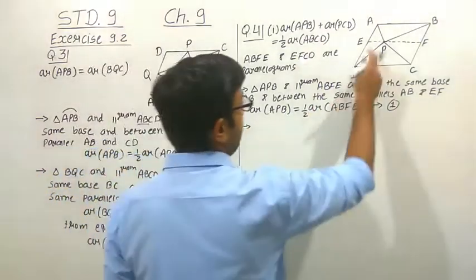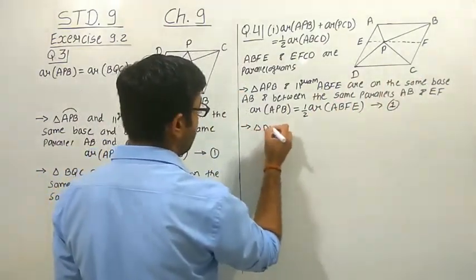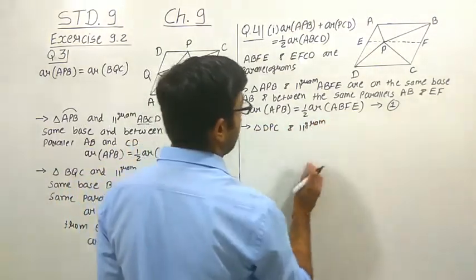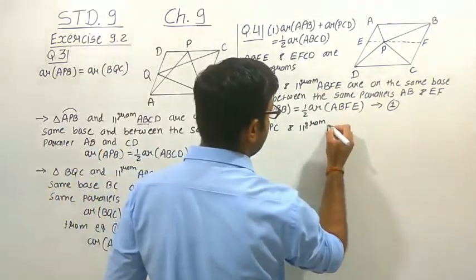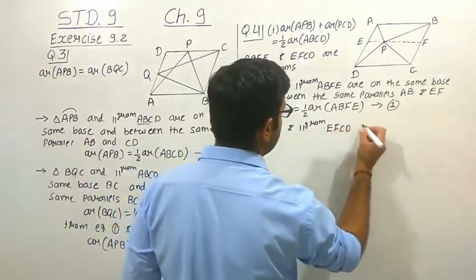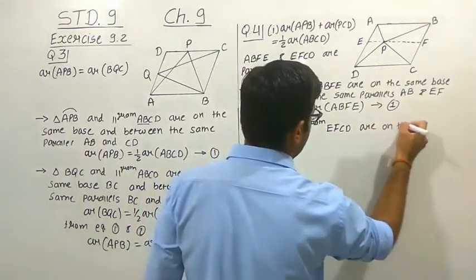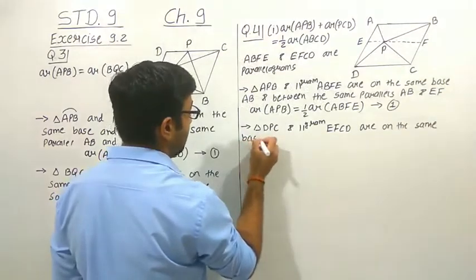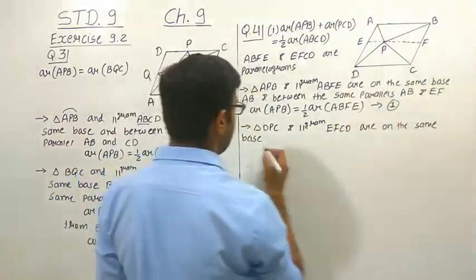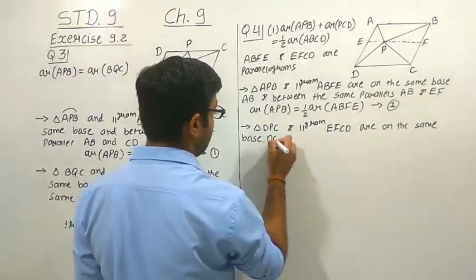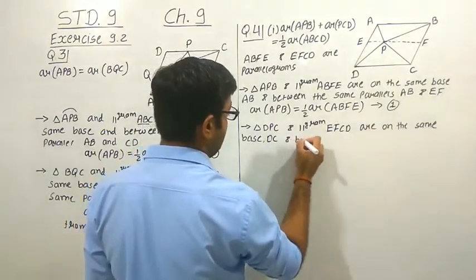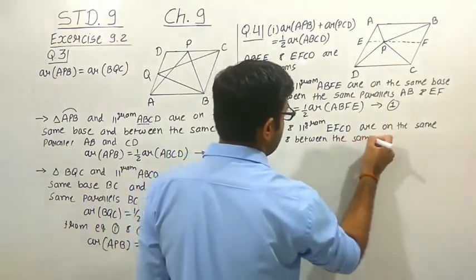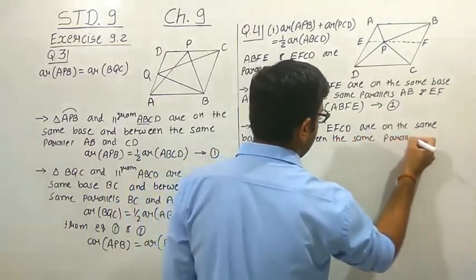Now consider this triangle DPC and parallelogram EFCD. They are on the same base. Which can we consider as the base? DC, the same base DC, and between the same parallels.